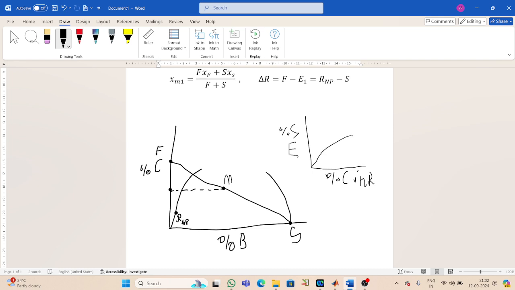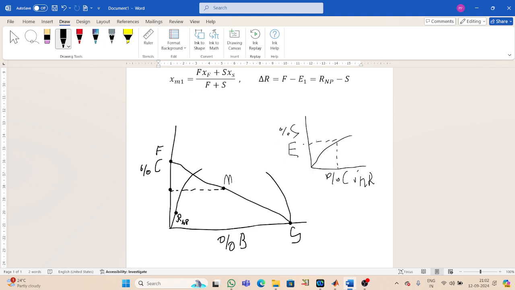We will have some curve like this, and using this equilibrium curve, we will estimate the values of E1 and R1 such that they follow the equilibrium curve and they will pass through the M.